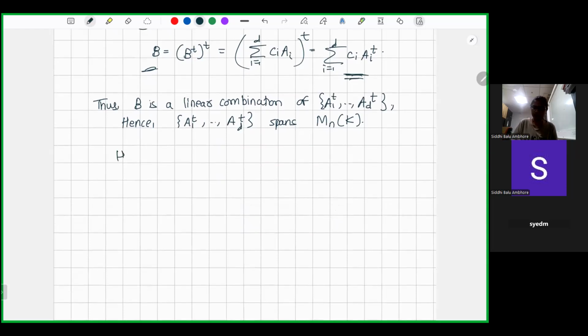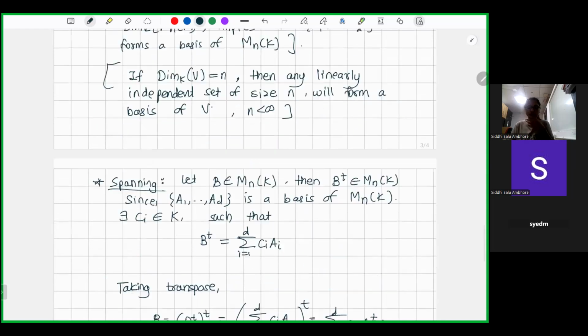So hence this A1 transpose to AD transpose is a basis of MNK. So this was one direction.